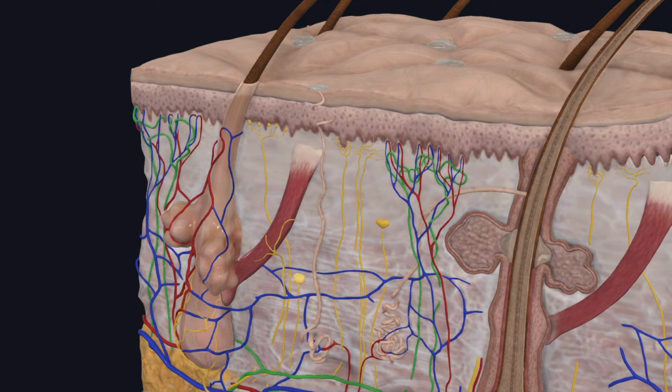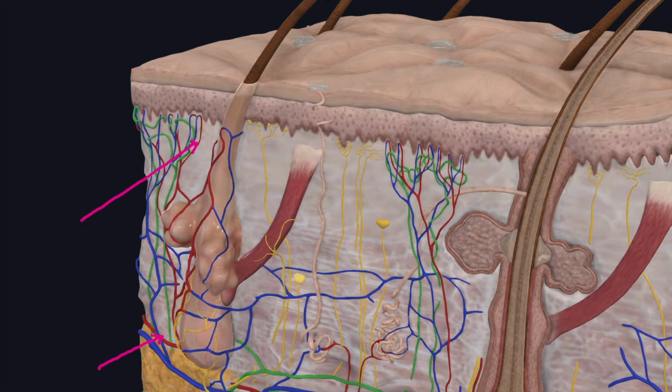The blood vessels of the skin are derived from a number of arterial plexuses. The deepest plexus is present over the deep fascia. There is another plexus just below the dermis. This is called the rete cutaneum or reticular plexus, and the third plexus is just below the level of the dermal papilla.